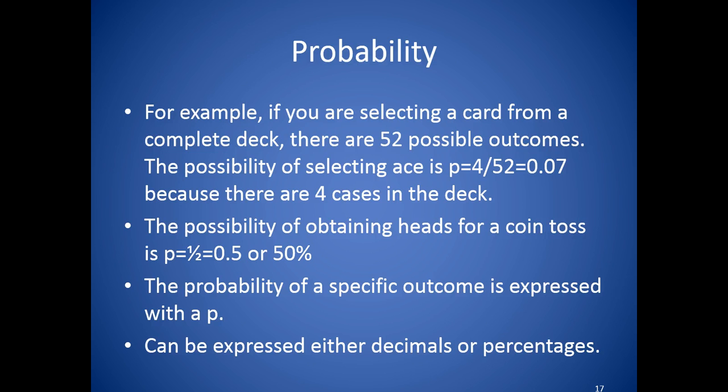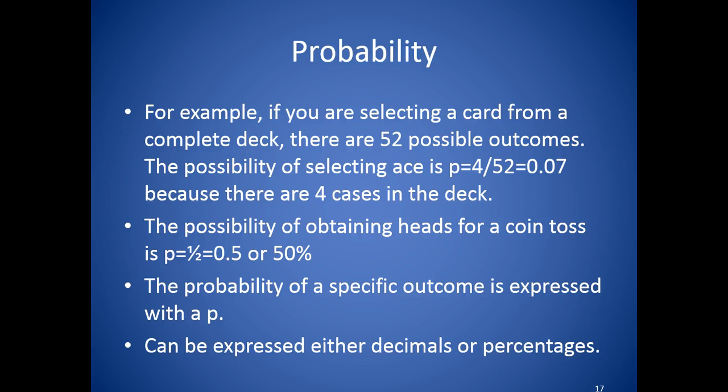And we know that the number of aces is 4, because there are four aces in the deck. So you just simply divide 4 by 52 and you get 0.08, and that is your probability of selecting an ace from a complete deck.